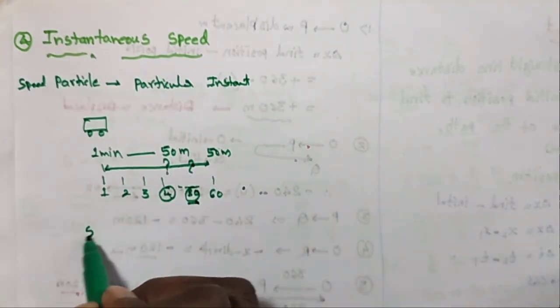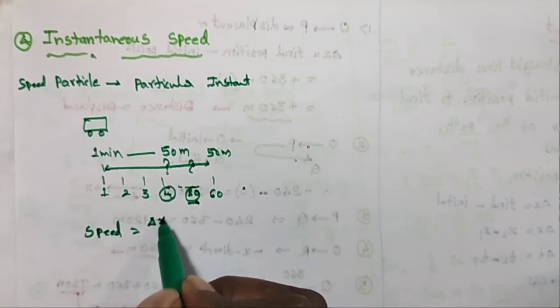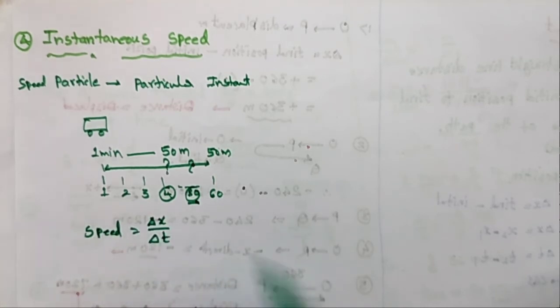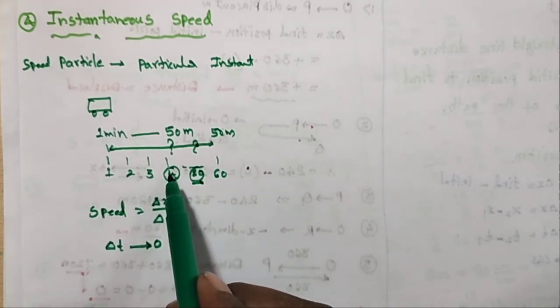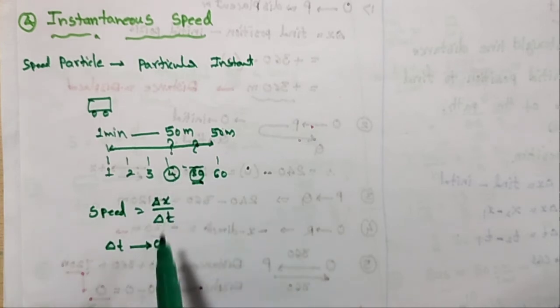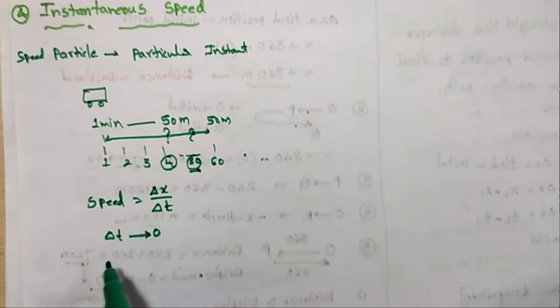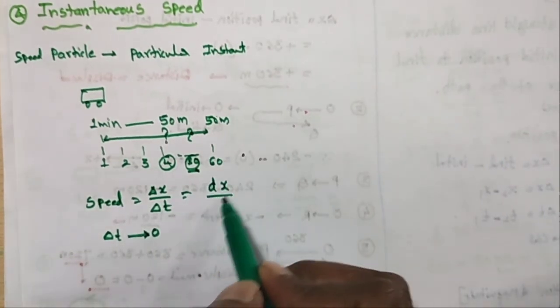Instantaneous speed is equal to delta x by delta t. Suppose I take delta t very small, approximately 0, like 1 second is very small. So the speed delta x by delta t becomes dx by dt.